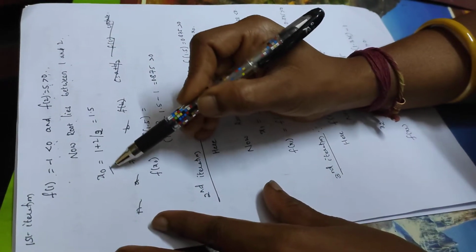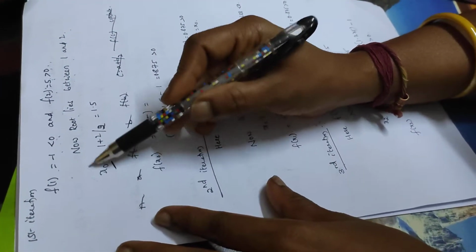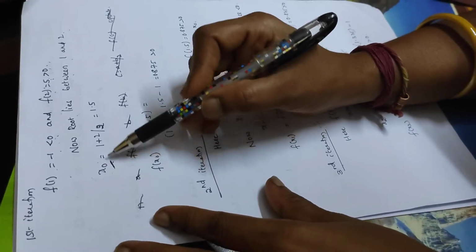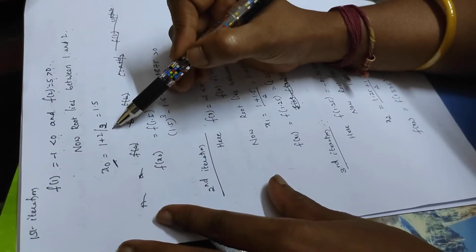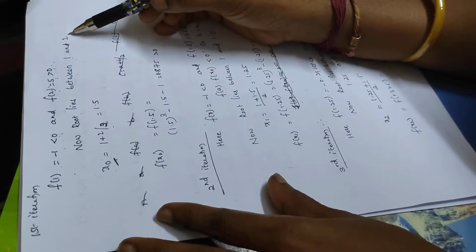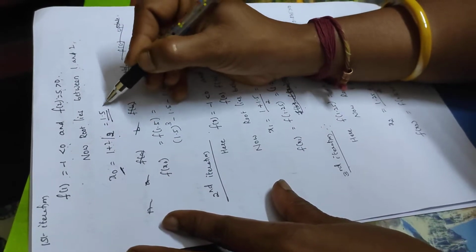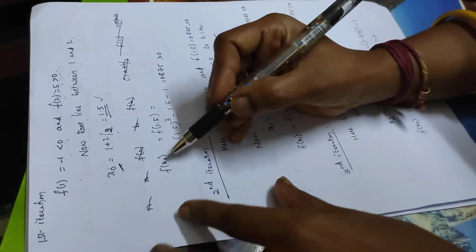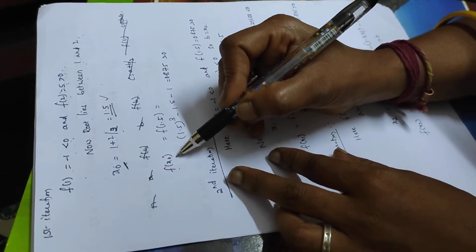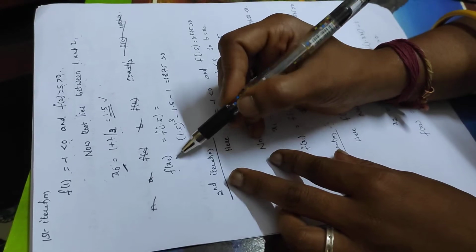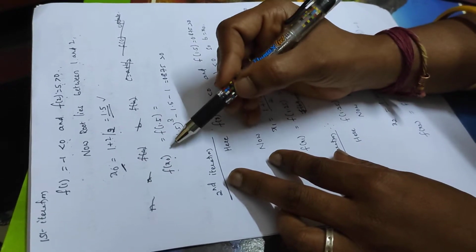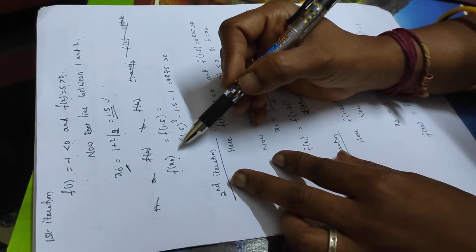First I find the x0 value, which is my mid value, that is (a plus b) by 2. My a is 1 and b is 2, so I add 1 plus 2 and divide by 2. I get the value 1.5. Now I find f(x0), because for the further steps I need to check whether f(x0) is 0 or not.